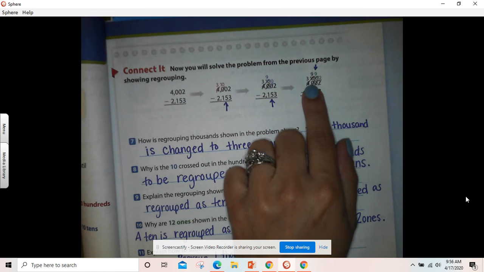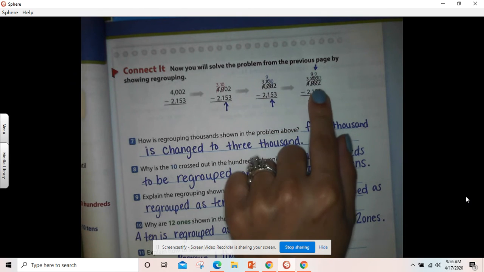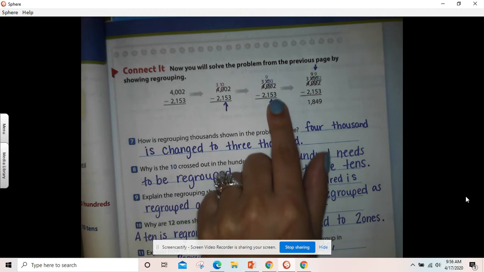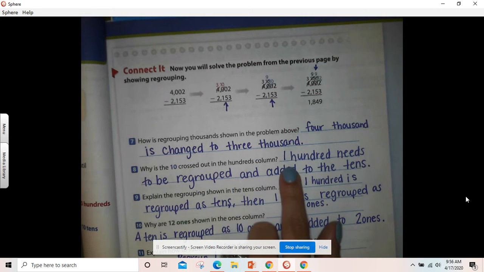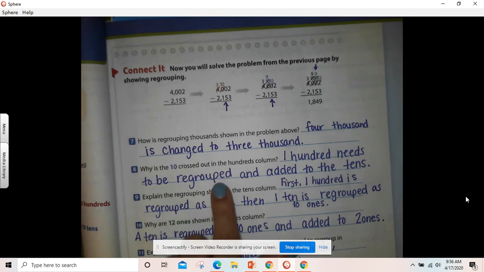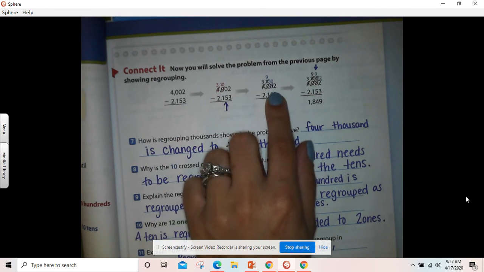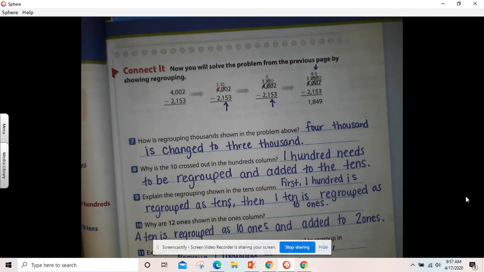I changed that to a 9 so that I could have a 10 in the tens place, okay? So I said 100 needs to be regrouped and added to the 10. So I have moved 100 to the next place value.